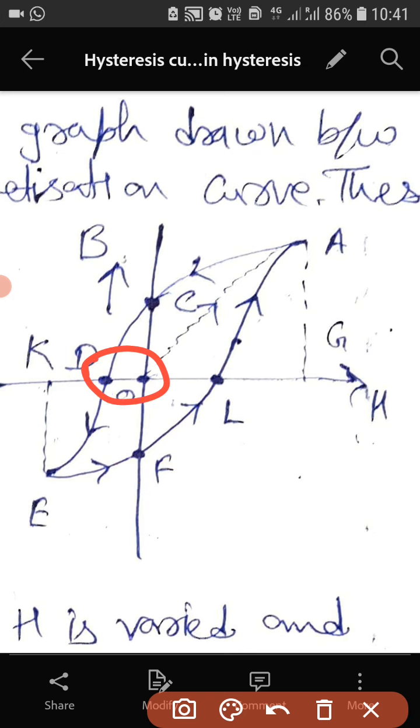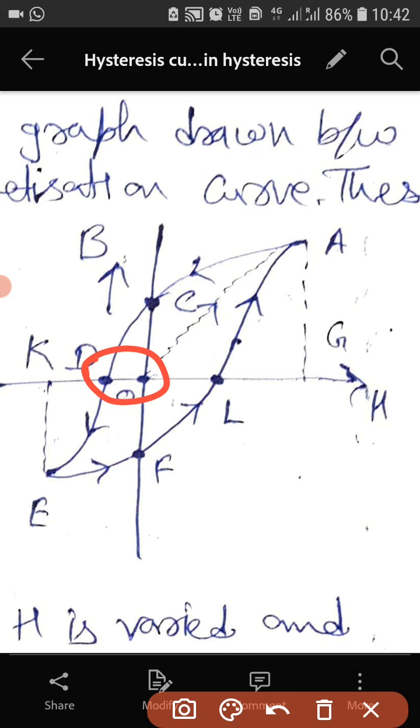This value of H in the reverse direction, O to D, at which the magnetic field becomes 0, is known as the coercivity of the material. So this is called coercivity, and this is called retentivity.